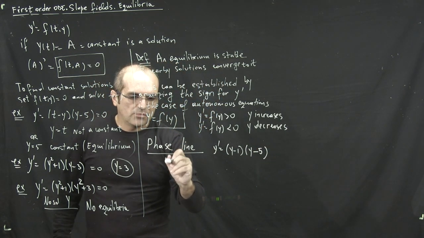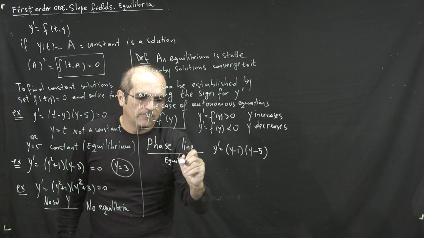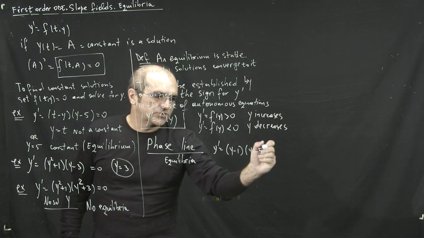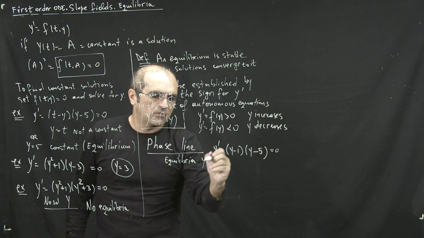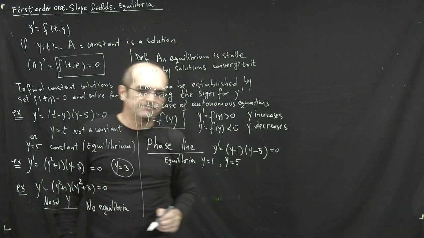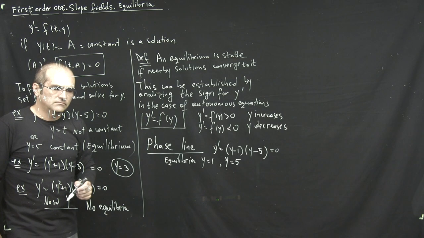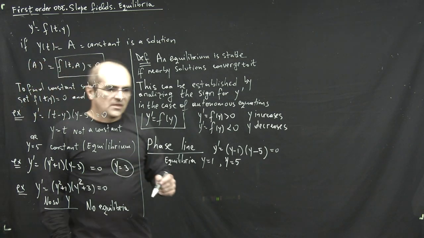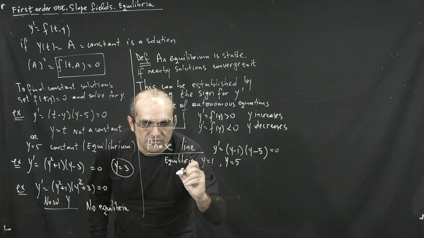So notice that the equilibrium, the constant solutions, if I set it equal to 0, are y equals 1 and y equals 5. The next thing is to actually draw a vertical line.